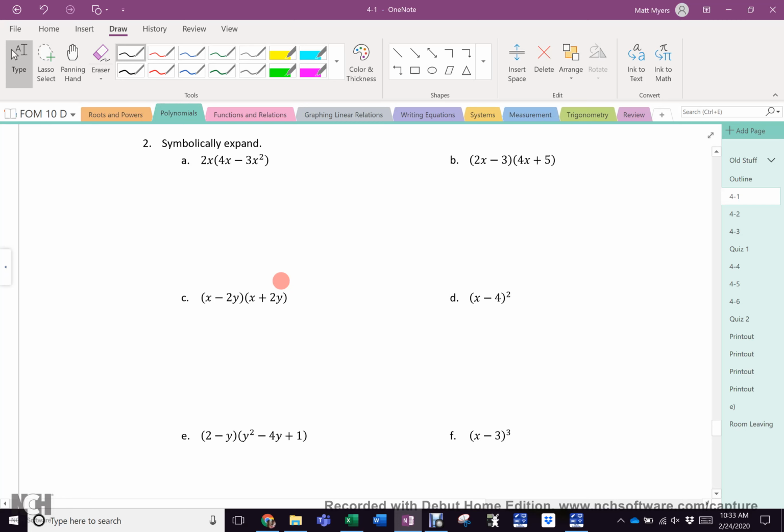Of course, if you know what's going on, E and F are no different than A, B, C, and D.